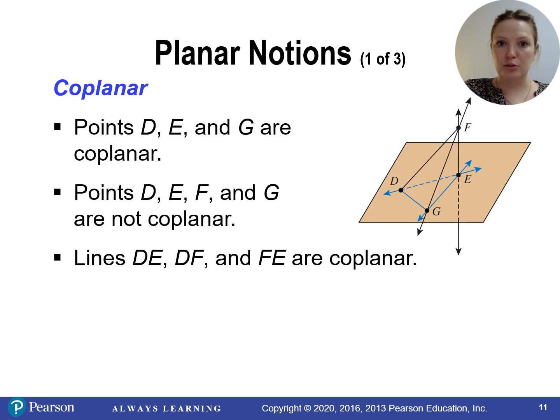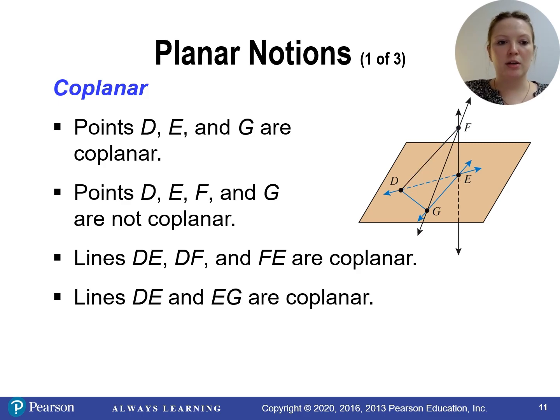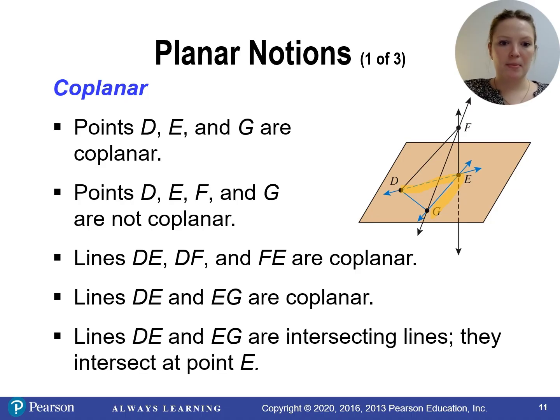So we can see that those 3 lines are coplanar. We also have lines DE and EG coplanar. DE and EG are intersecting lines because they intersect at the point E. So these are all things that we can say about lines on a plane.